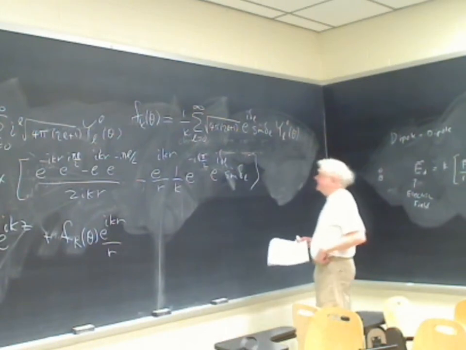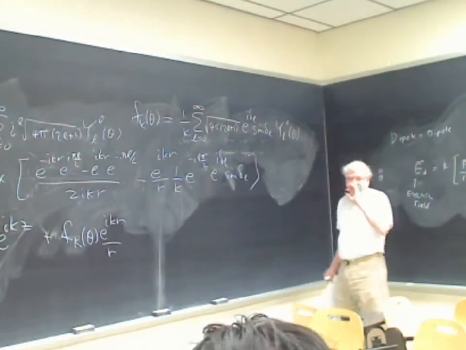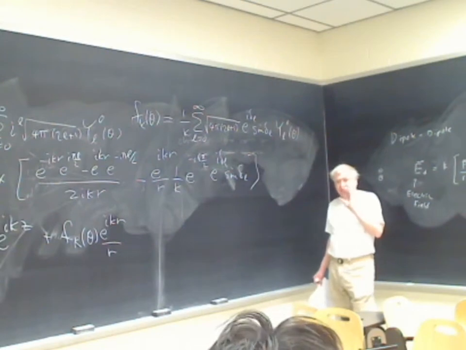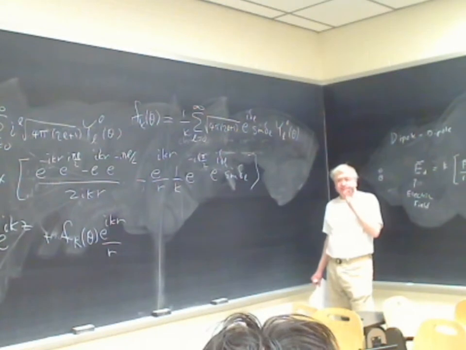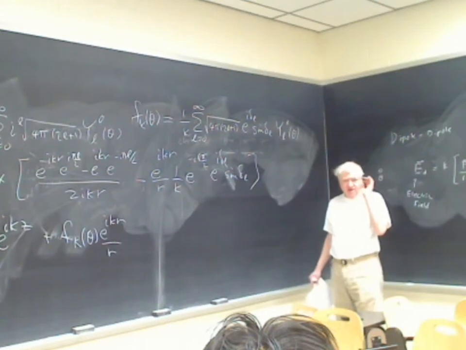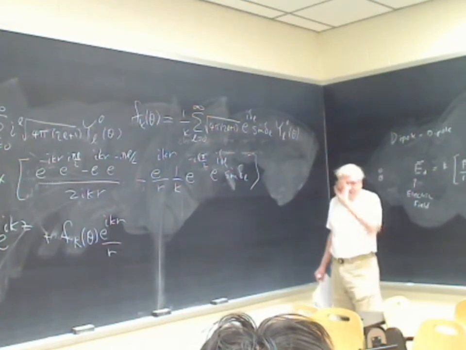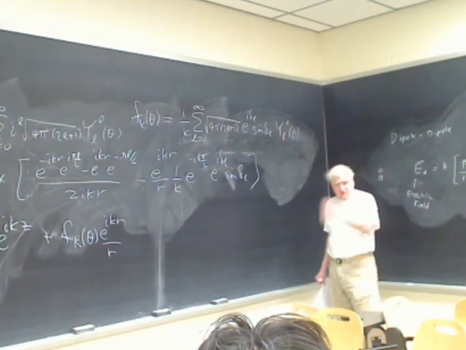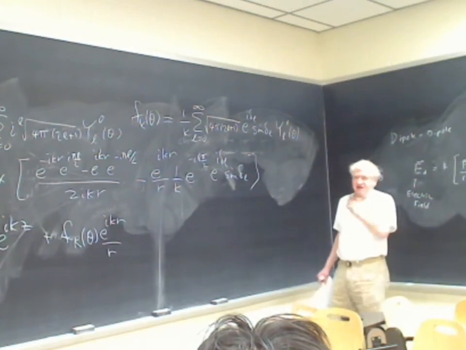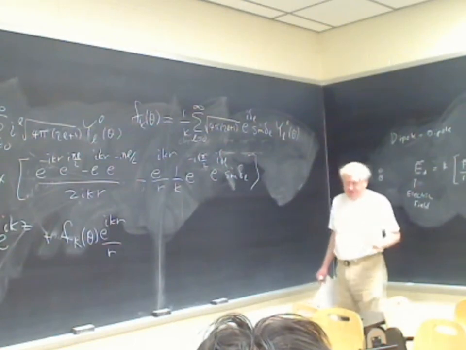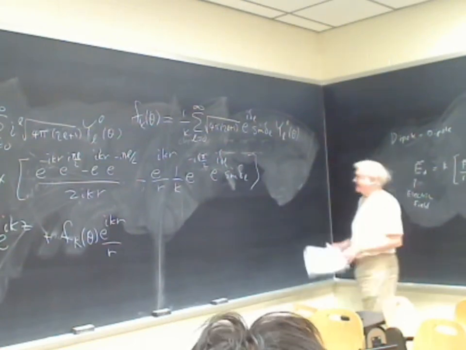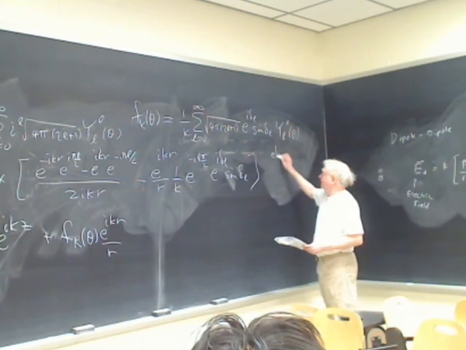Another thing I should say is that not only have we been considering potential scattering for a spherically symmetric potential, but we've always been assuming that there are no bound states, there's no absorption, there's no particle production, and consequently the momentum going out, the wave number going out, is the same as the wave number going in. That is to say, the kinetic energy of the particle going out is the same as the kinetic energy going in, and that's called elastic scattering. So this is the elastic scattering amplitude.